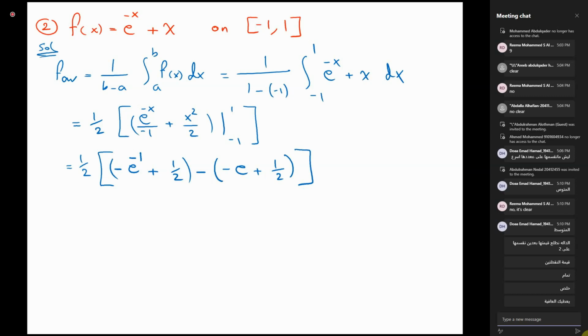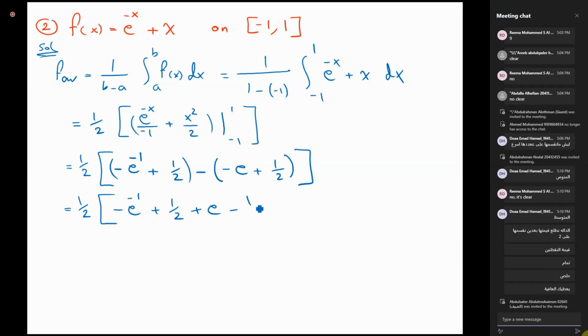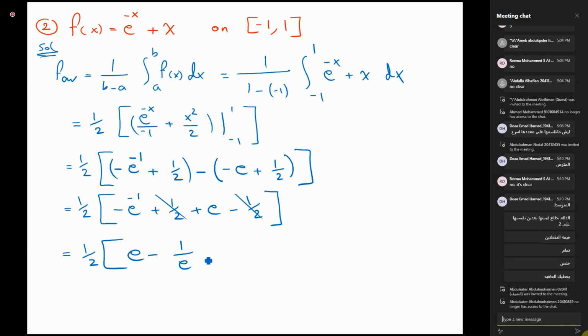now we have 1 over 2 multiplied by negative e minus 1 plus half plus e minus 1 over 2. Remove 1 over 2 with negative 1 over 2, so we have 1 over 2 e minus 1 over e, like this. This is the solution.